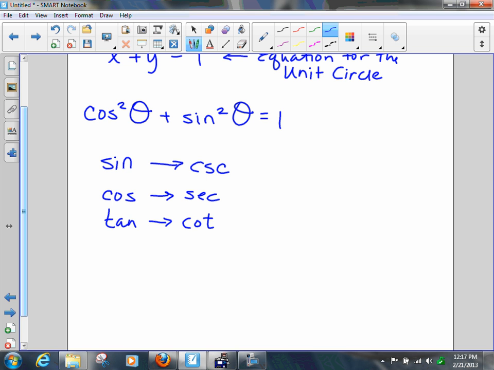There are other trig identities that we're going to add to this later, okay? And you may want to just keep this separate if you have a lot of room left on the right side of where you're writing. You may want to add your formulas right up under there or to the side or something, but you'll figure it out. And it's your card, so make it your own, okay?